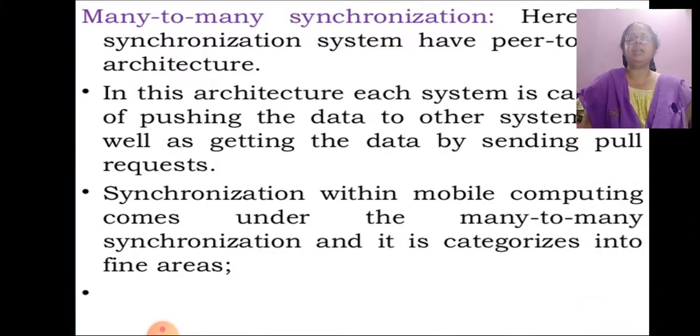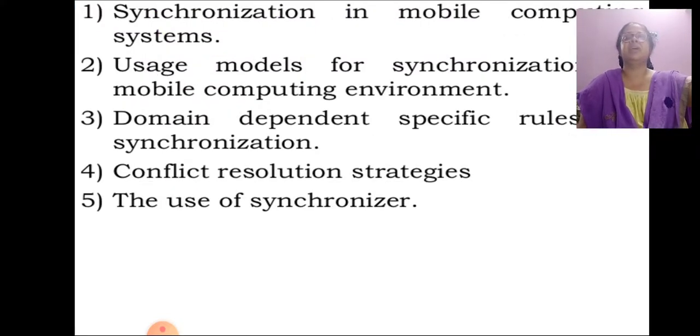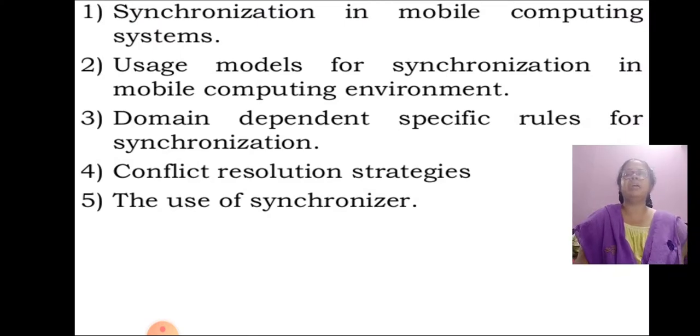Synchronization within mobile computing comes under many-to-many synchronization and it is categorized into 5 areas: synchronization in mobile computing system, usage model for synchronization in mobile computing environment, domain dependent specific rule for synchronization, conflict resolution strategies, and the use of synchronizer.